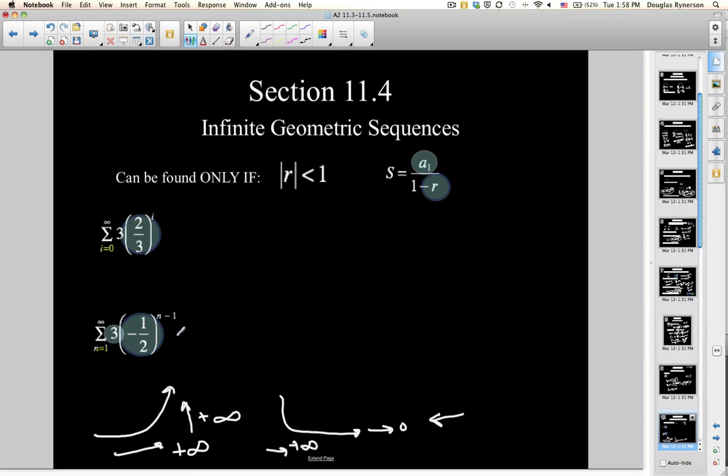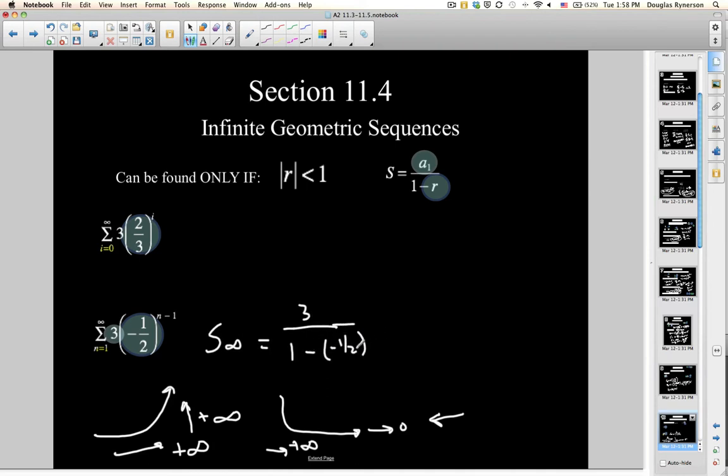Right? I'm going to do the second example first because I want to talk about the first example for a couple of reasons. So here I know that my first term is 3, and I know that my common ratio is negative 1/2. So if I plug into this, the sum of my infinite series will be equal to my first term, 3, divided by 1 minus negative 1/2.